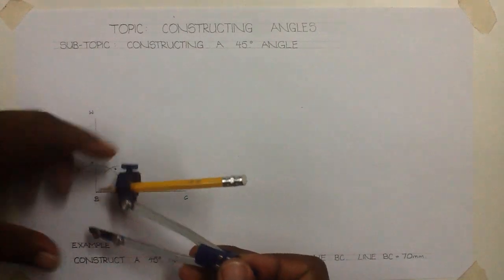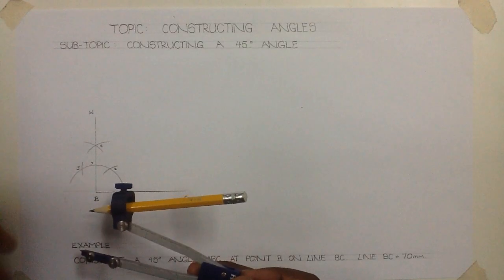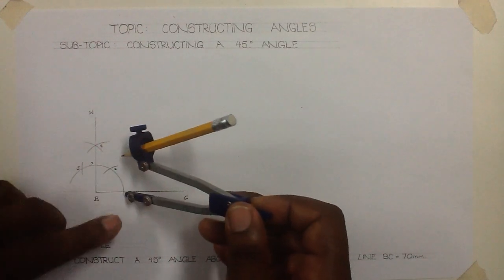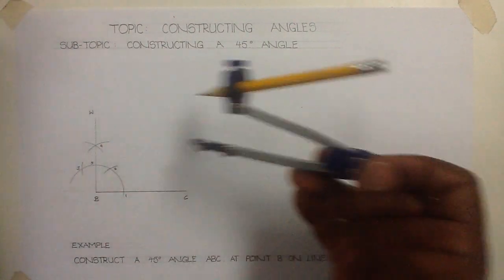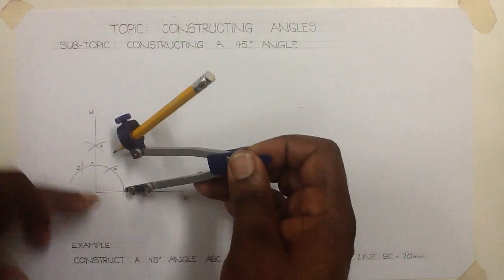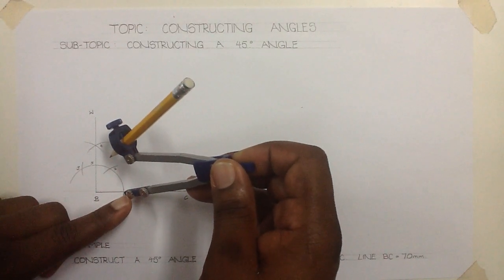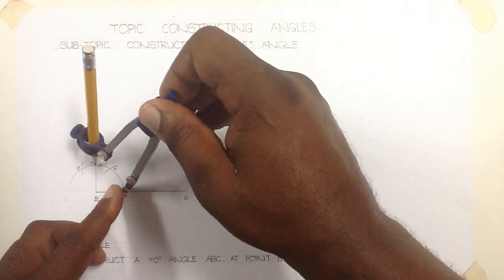If we were constructing the 45-degree angle with one process and we were not bisecting another angle, then we would need to keep our radius. Since we are doing another process, which is bisecting an angle, we are going to increase our radius size.